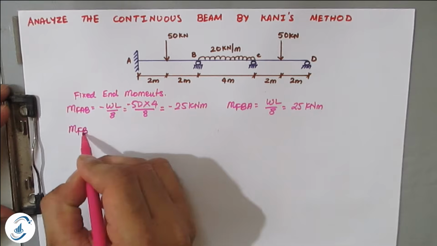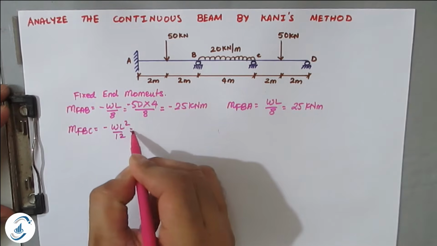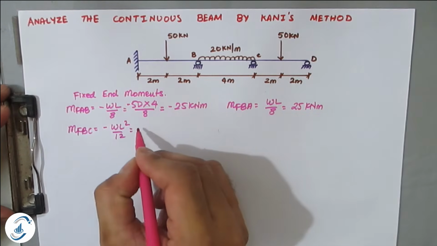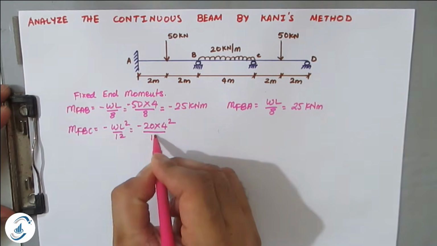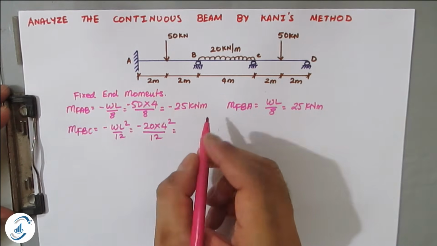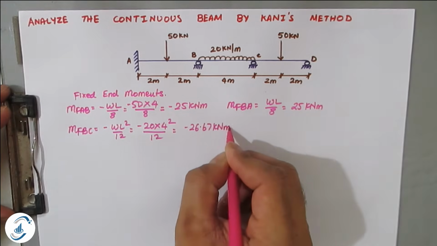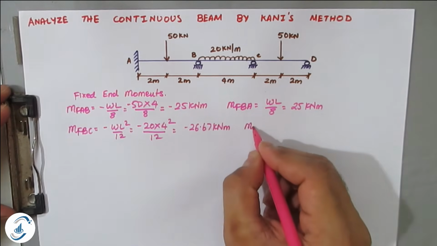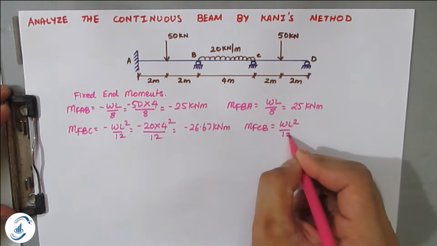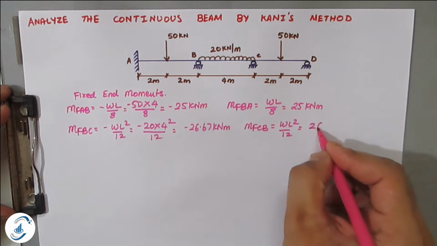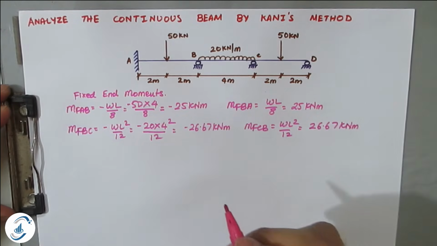So MFBC is equal to minus WL square by 12. So here W is 20, L is 4 meters, so this comes out to be minus 26.67 kilonewton meter, whereas MFCB will be positive WL square by 12. So it comes out to be 26.67 kilonewton meter with positive sign.